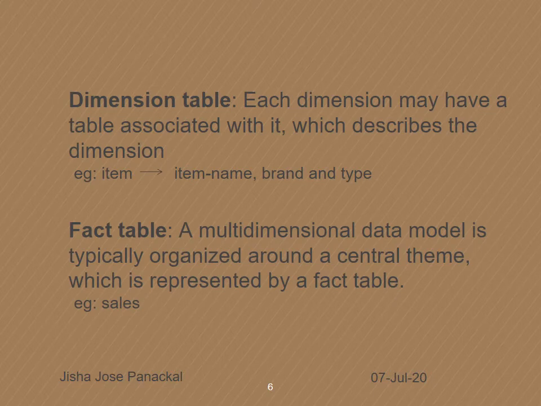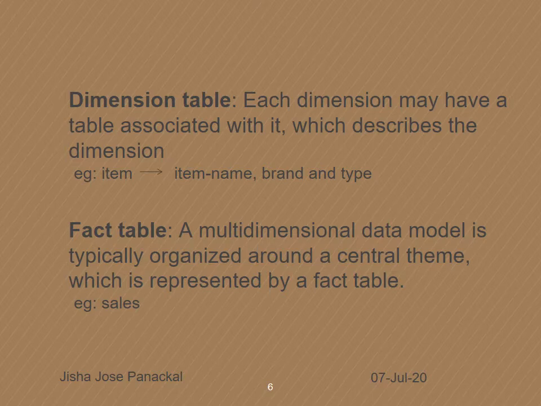To represent a multidimensional model, we have to use two types of tables, that is dimension table and fact table. Dimension table is used to describe each and every dimension in the particular data cube. Each dimension may have a table associated with it which describes that particular dimension.